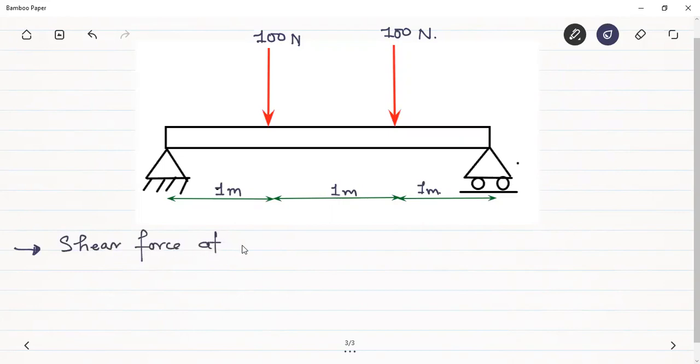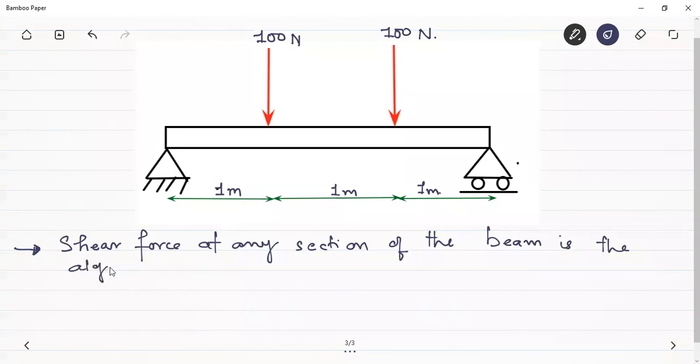Shear force at any section of the beam is the algebraic sum of, and algebraic sum means we have to take care of the signs as well, all the vertical forces. Since we are considering the beam to be carrying transverse loads only, these transverse loads can be said to be vertical loads.